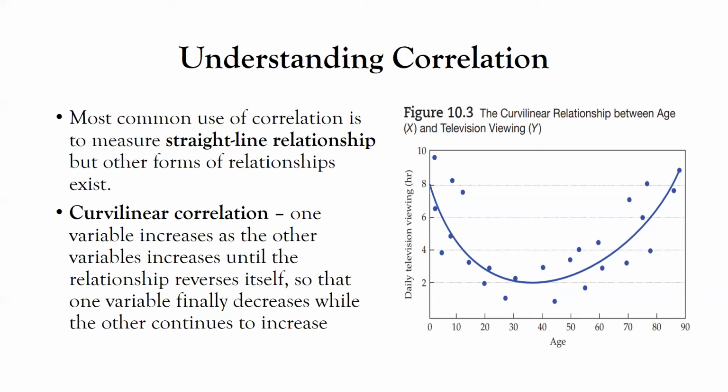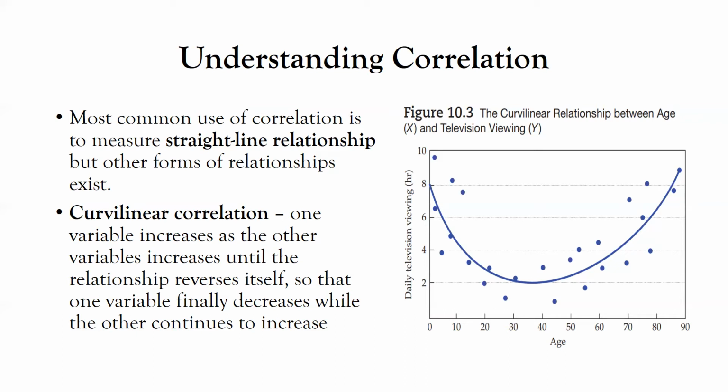But in reality, when you examine data from different studies, you will find out that there are other forms of relationships. Not only straight line relationships exist. It's just the simplest to understand, and it's the most basic one.